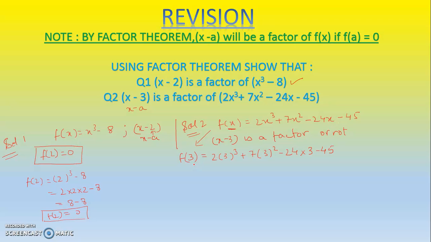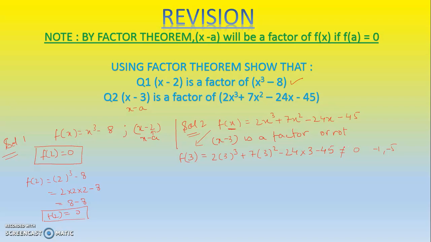I am repeating again, students. If on substituting this value of 3 in place of x, we get this equal to 0, then we will say x minus 3 is a factor. If on solving f(3) we get not equal to 0, not equal to 0 means it can be any value. It can be minus 1, it can be minus 5, anything, we do not know.